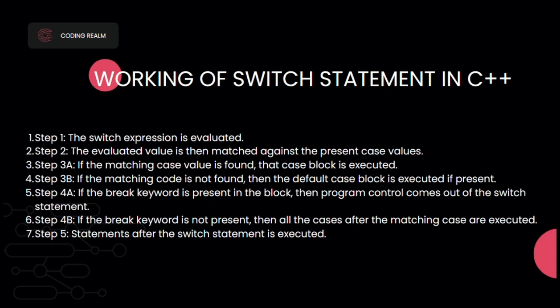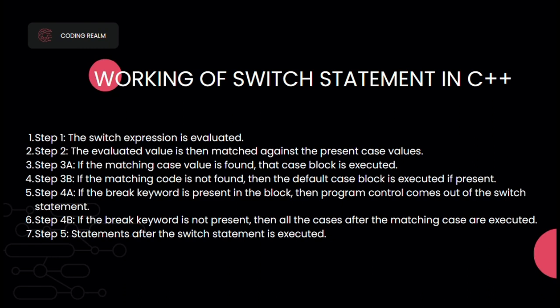Working of the switch statement in C++. Step 1, the switch expression is evaluated. Step 2, the evaluated value is then matched against the present case values. Step 3a, if the matching case value is found, that case block is executed. Step 3b, if the matching case is not found, then the default case block is executed, if present.